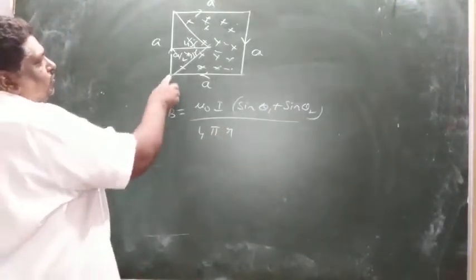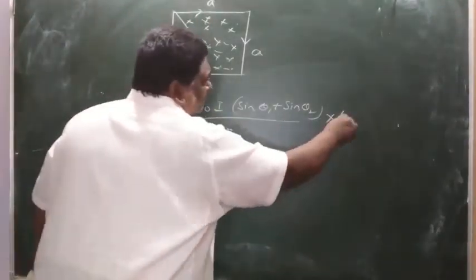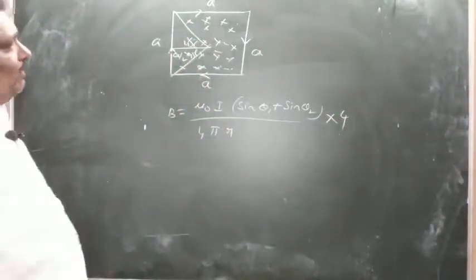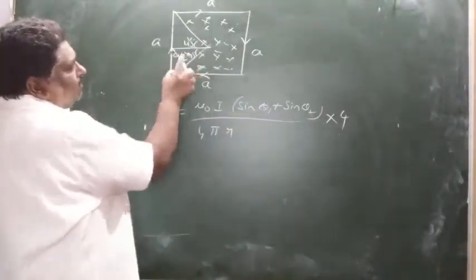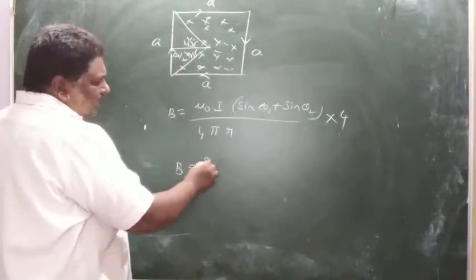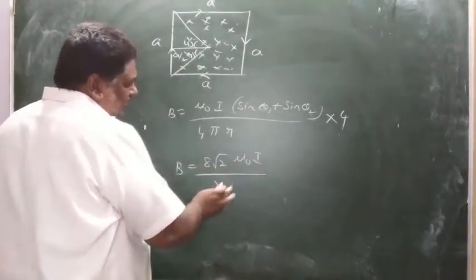This is due to one conductor. Such 1, 2, 3, 4 conductors are present, so multiply by 4. Theta 1 is 45 degree, theta 2 is 45 degree, substituting all values with r as A by 2, you will get 8 root 2 times mu naught I by 4 pi r.